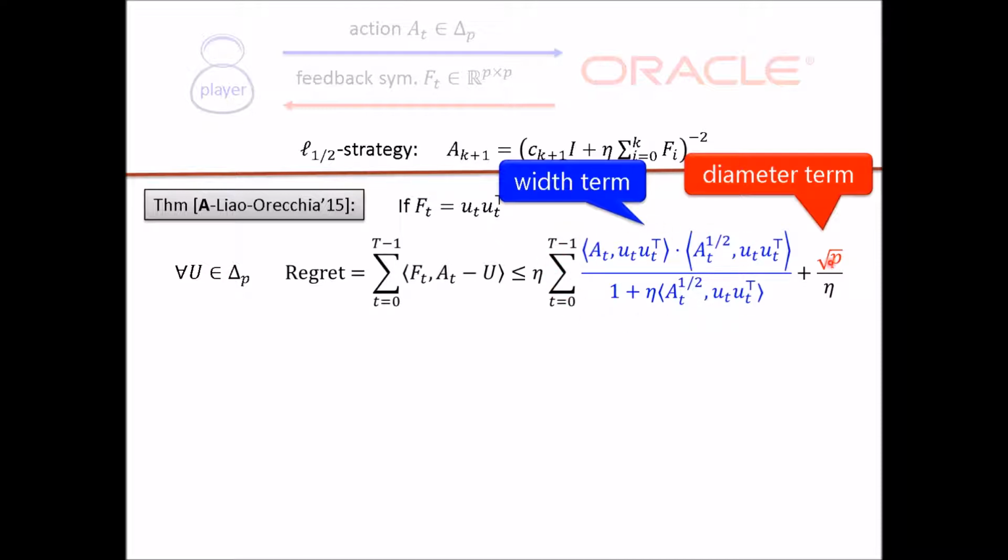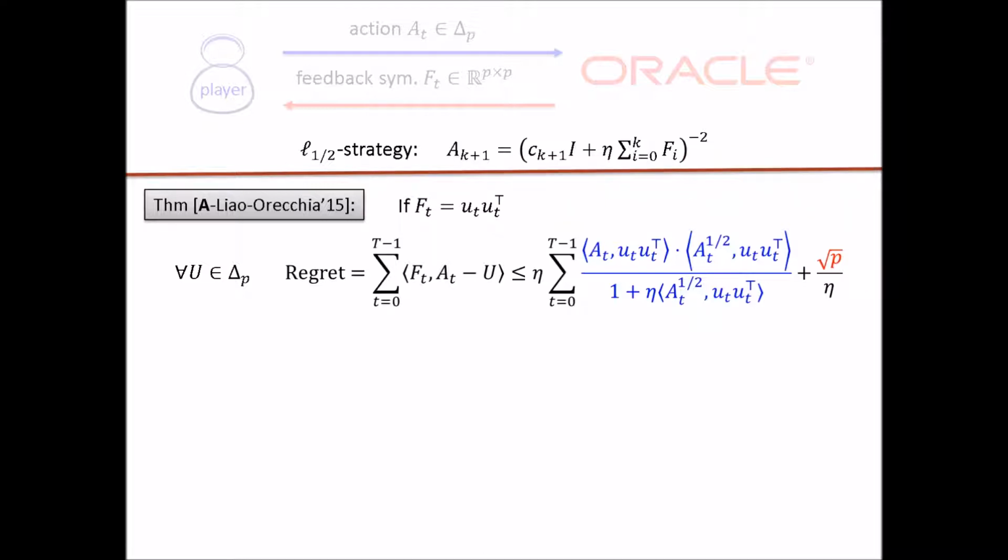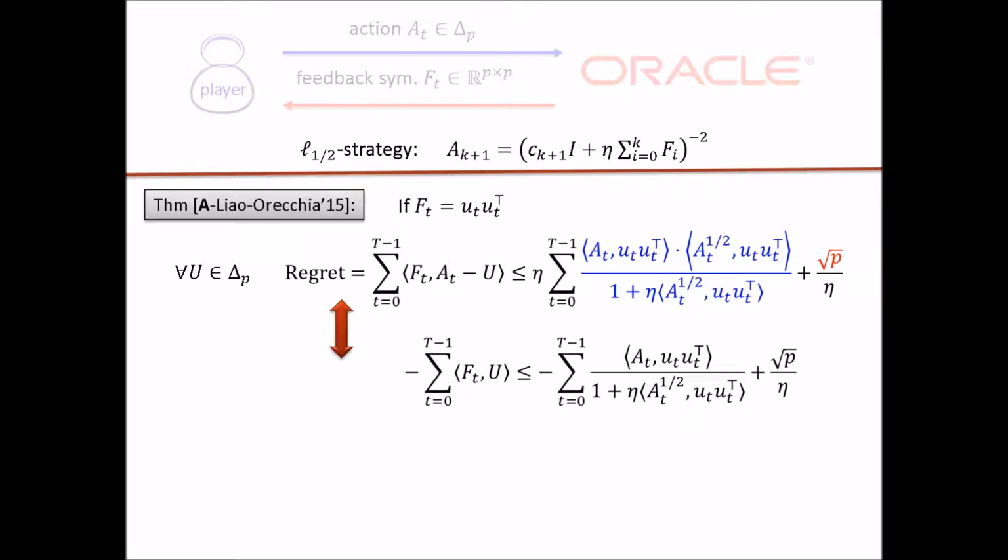But the red term is like our down payment for the mortgage. You only pay it just once, and then you average it out. So that's at least the form of the regret bound. This is the regret bound we showed. Let's not even worry about the blue term because I'm going to simplify it. That is, one can actually move the inner product by A part to the right.